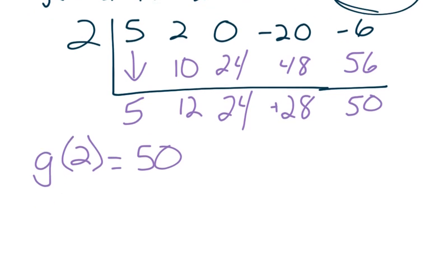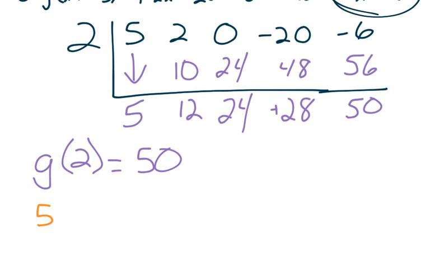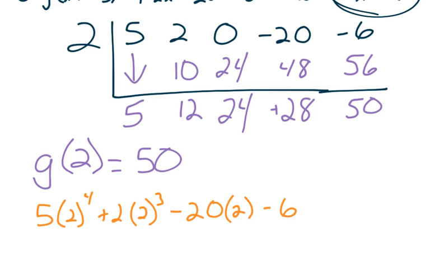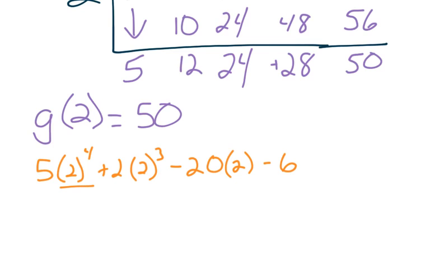If you want to double check it, go ahead and plug and chug. We have 5 times 2 to the 4th plus 2 times 2 to the 3rd. Didn't have an x squared, so minus 20 times 2, and then minus 6. So 2 to the 4th: 2 times 2 is 4, times 2 is 8, times 2 is 16. 16 times 5, that's 80. 2 to the 3rd is 8, times 2 is 16.